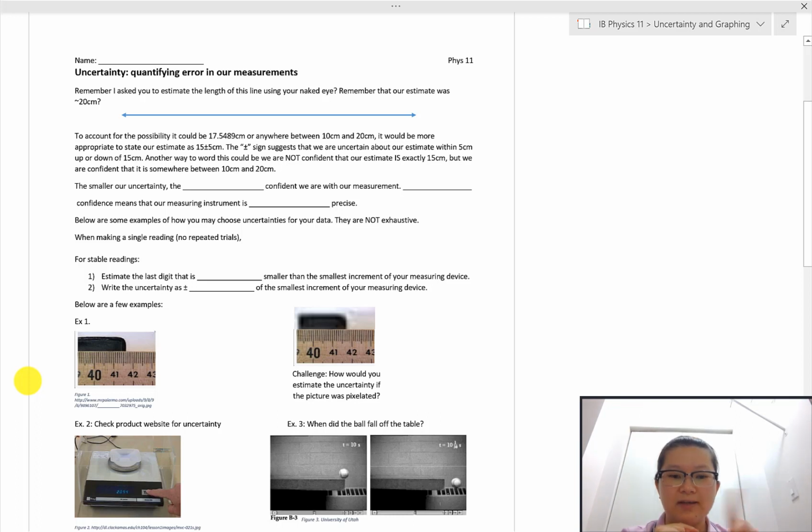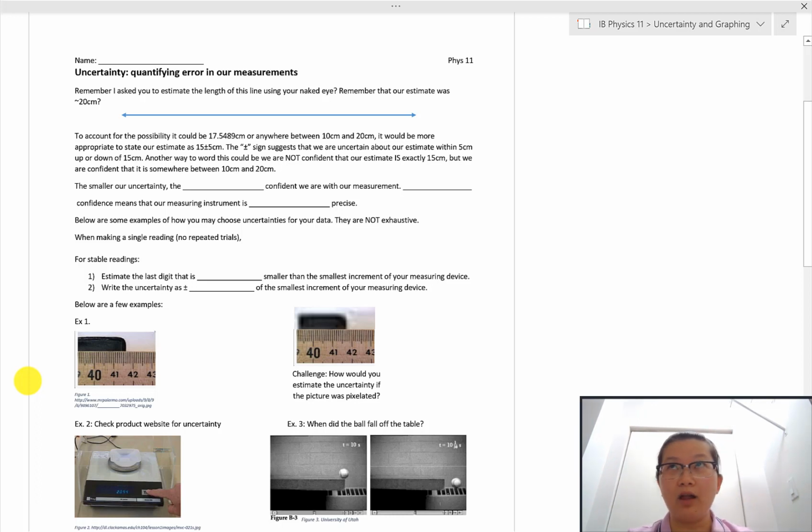Okay, so let's start off with this one. We are going to go over some estimation examples. Before we talk about that, I just want to point out that I do expect you to have a bit of understanding of what accuracy and precision mean. At least you've seen some examples. If you've forgotten or you need a quick reminder, accuracy means how close your measured value is to the actual true value itself.